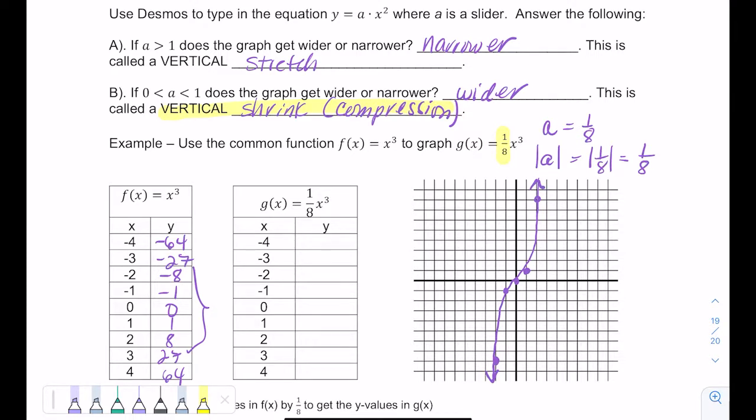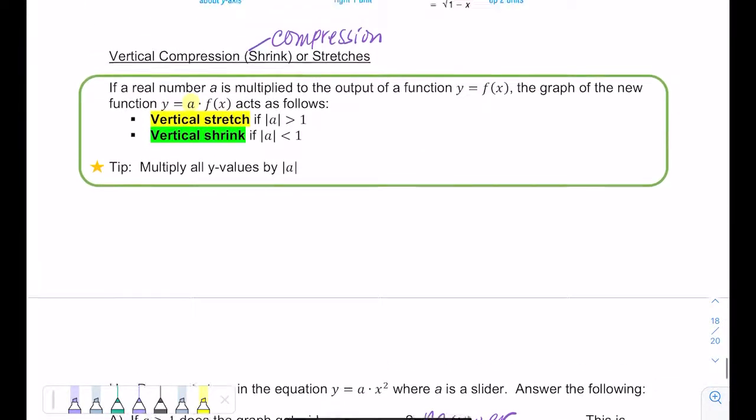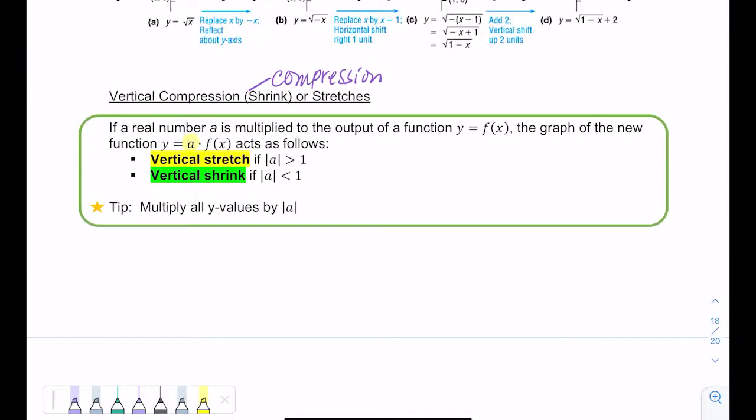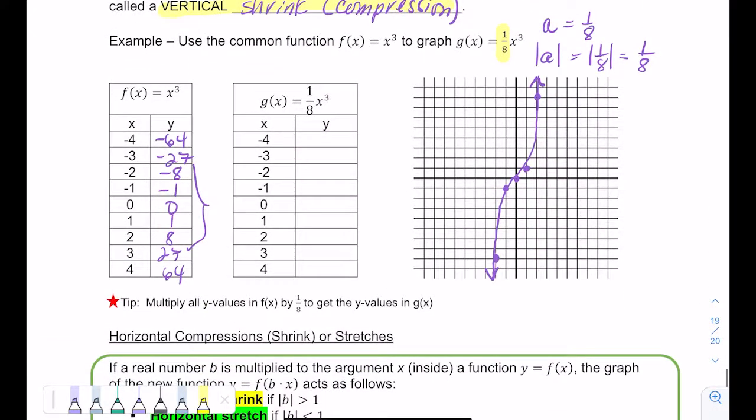So now what's going to happen with that 1/8, it's going to vertically shrink it, which means it's going to get wider. So I gave you a tip above where I said multiply all the y values by the absolute value of a. So here a is 1/8. So I'm going to take all of these y values and just multiply them by 1/8, or you could divide all of them by 8, right?